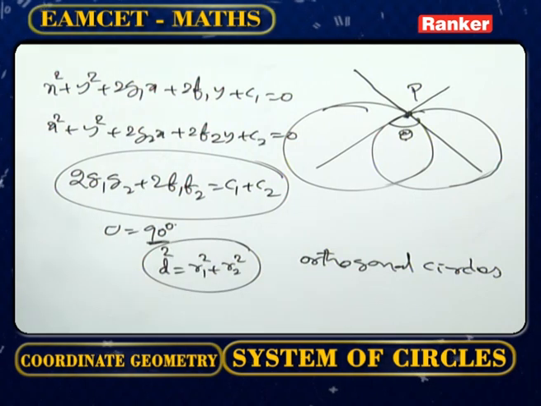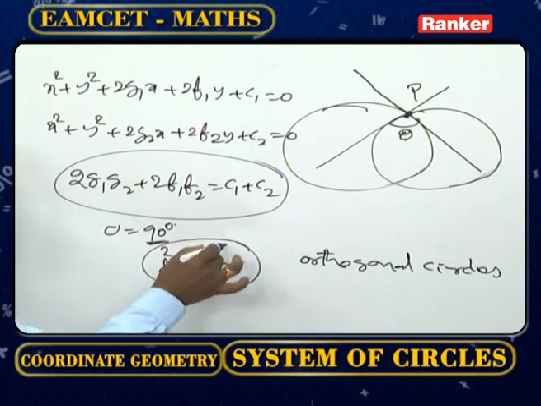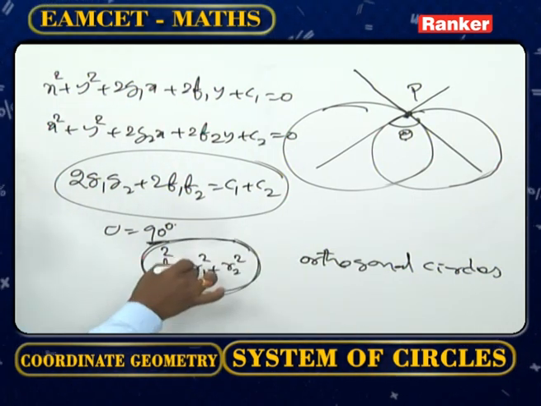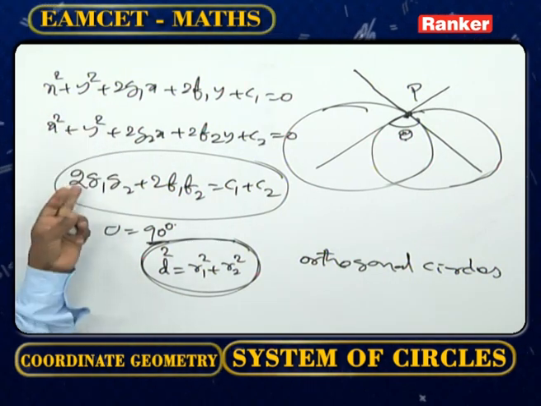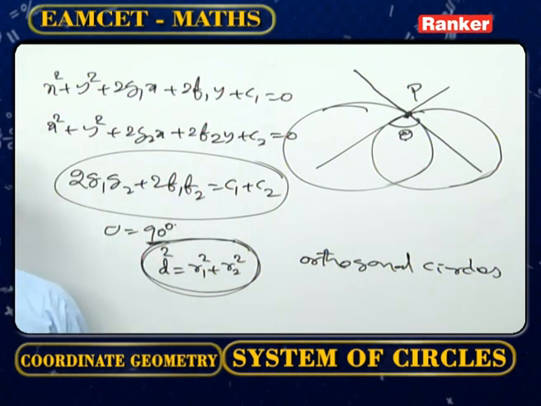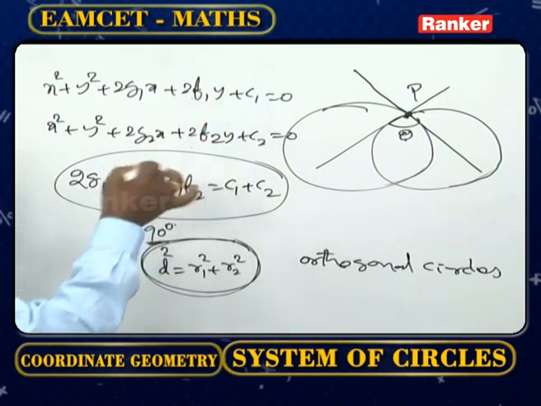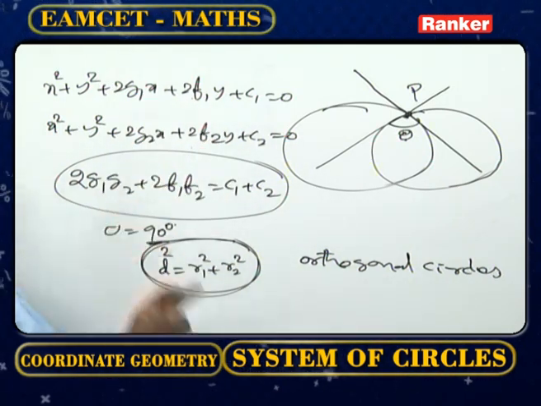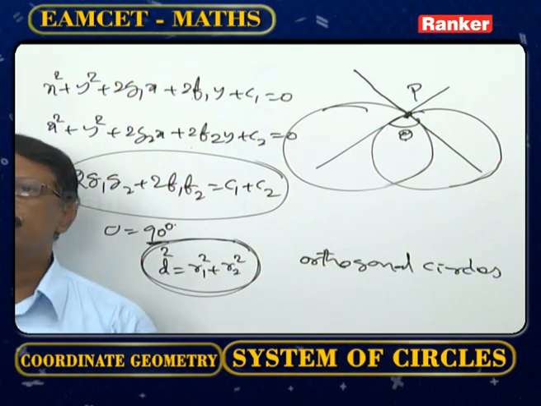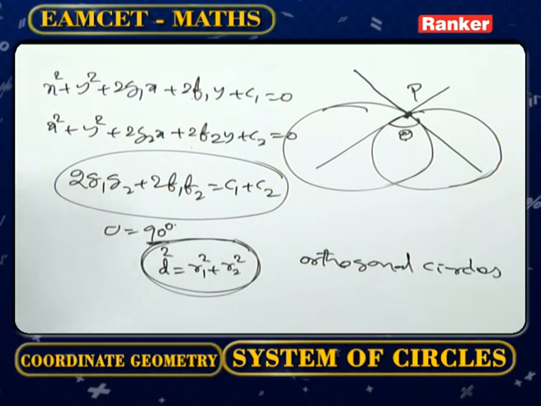This follows by using the condition d square equals r1 square plus r2 square.